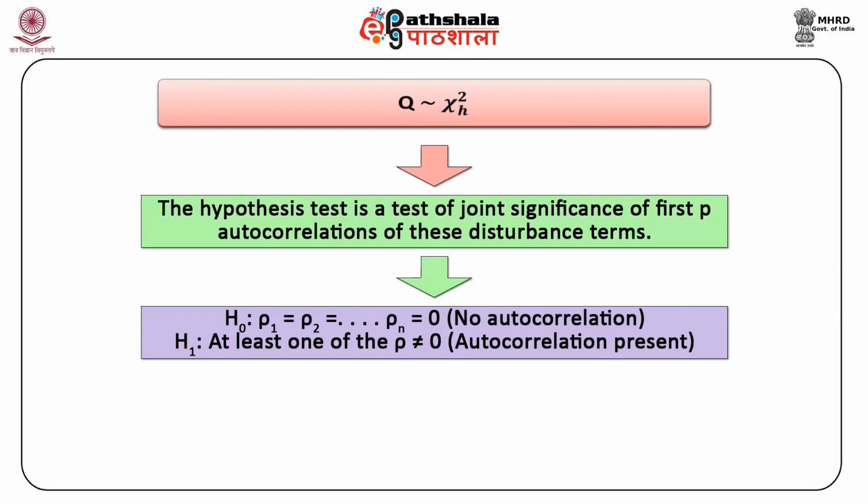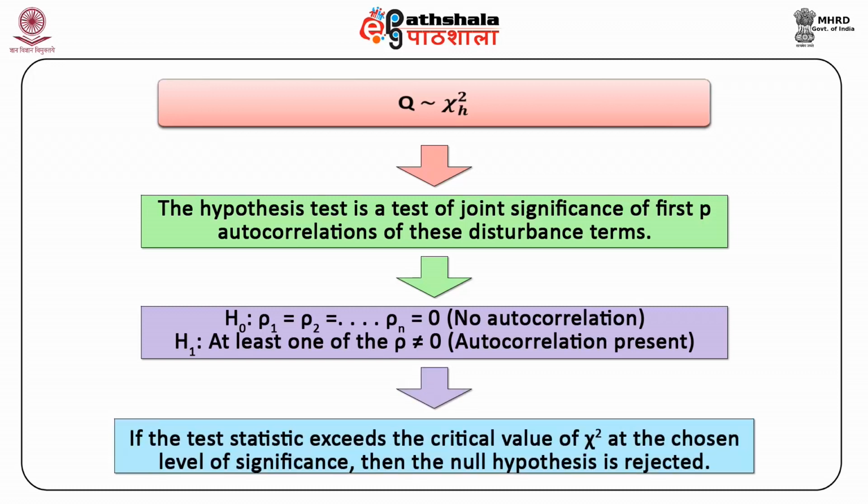The sixth step is if the test statistic exceeds the critical value of chi-square at the chosen level of significance, then the null hypothesis is rejected.